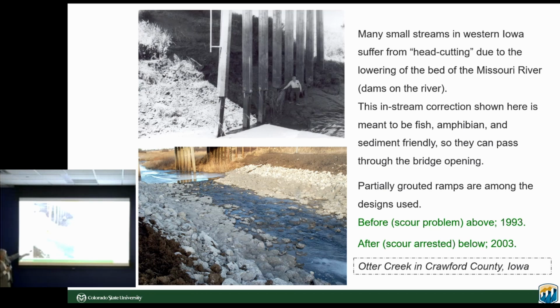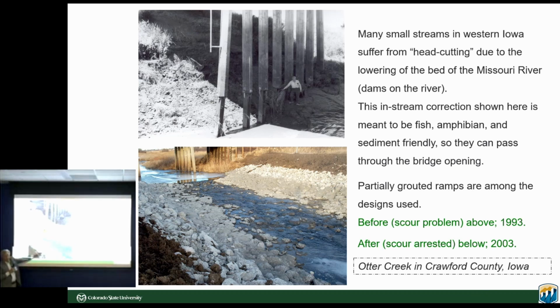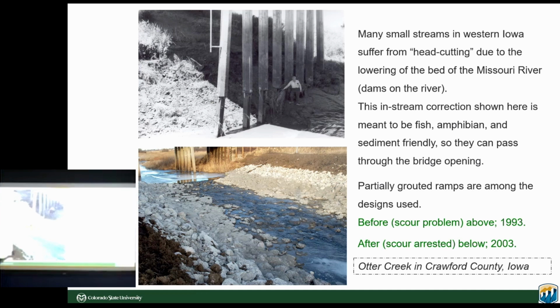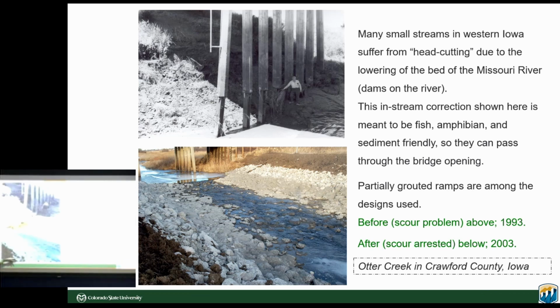The solution that was accepted was what's called a partially grouted ramp. Partially grouted is better than no grouting, because the rocks would tend to lift out for one reason or another. Also, the partial grouting is bordered by sheet pile in here. So this allows fish and amphibian passage and sediment passage.